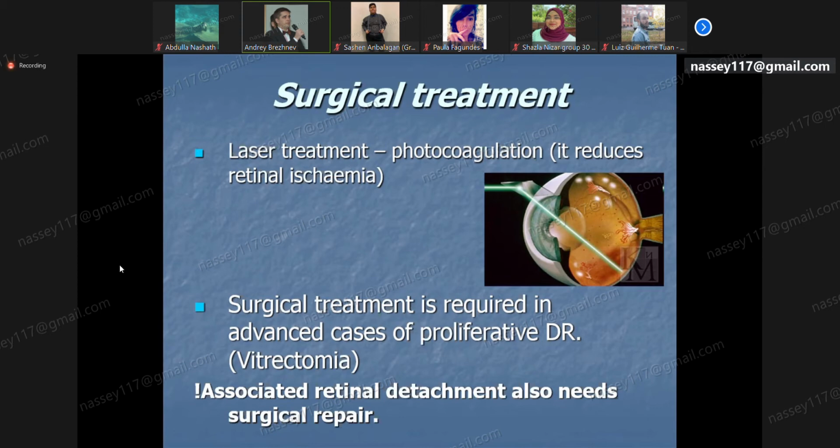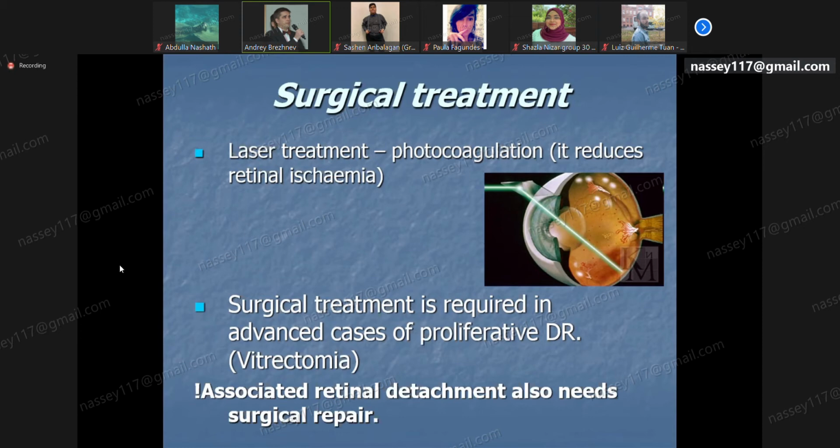If you create a scar on the surface of the retina by the laser instead of the area of ischemia, the risk of presence of ischemic factors in the blood, in the aqueous humor of the eye, will decrease, and the risk of neovascularization of the normal areas will decrease too. So this is the basis of the use of laser photocoagulation.